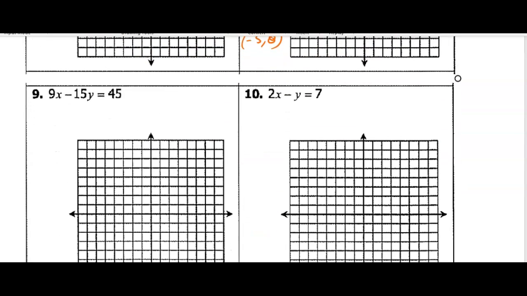Last two. If x equals 0, negative 15y equals 45. Show your division step. Y equals negative 3. So I get 0, negative 3 as 1 point.